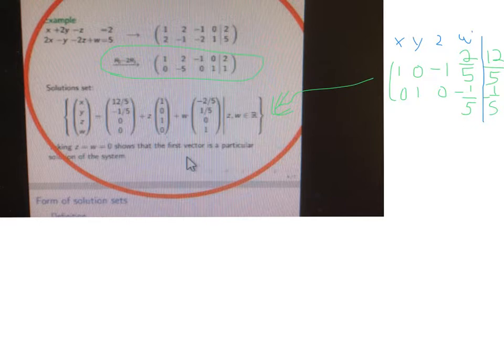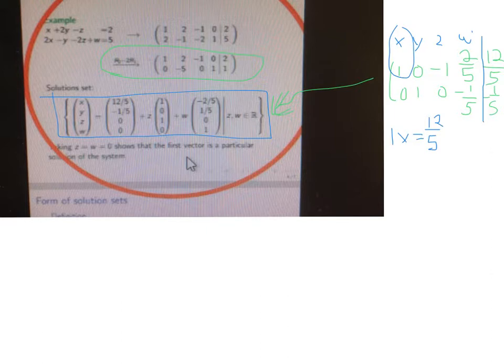And so when you're reading something like this part of the solution, what it's saying is, for instance, over here we have 1x, and that's equal to 12/5 on the other side if it was just the x value in that matrix.